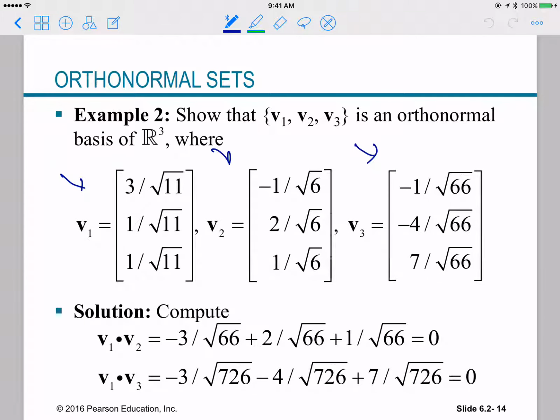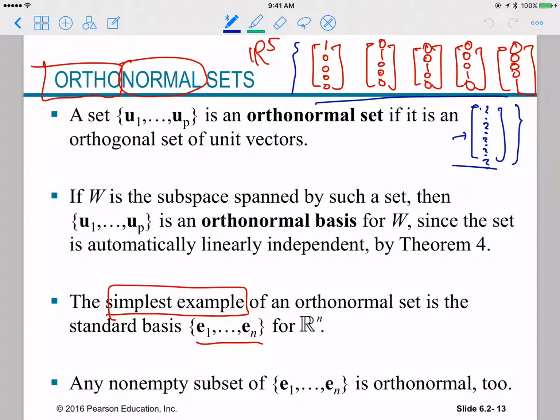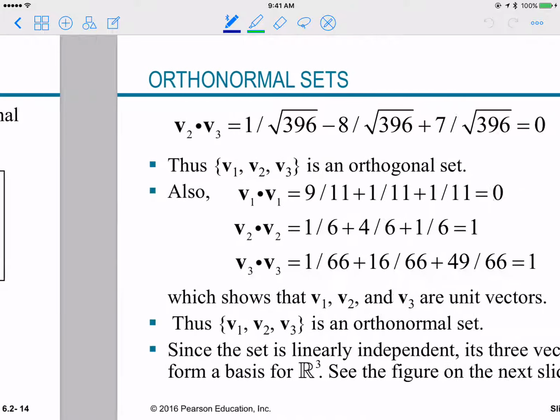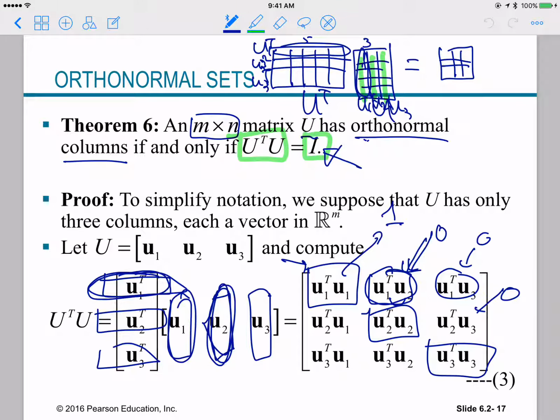This orthonormal set has an interesting property. If you just transpose this orthonormal matrix. Say you're given maybe 3 vectors, and you form this matrix where each column is your orthonormal vector, and then you transpose it and multiply it on the left. So if you form U transpose U, it will always become the identity matrix.